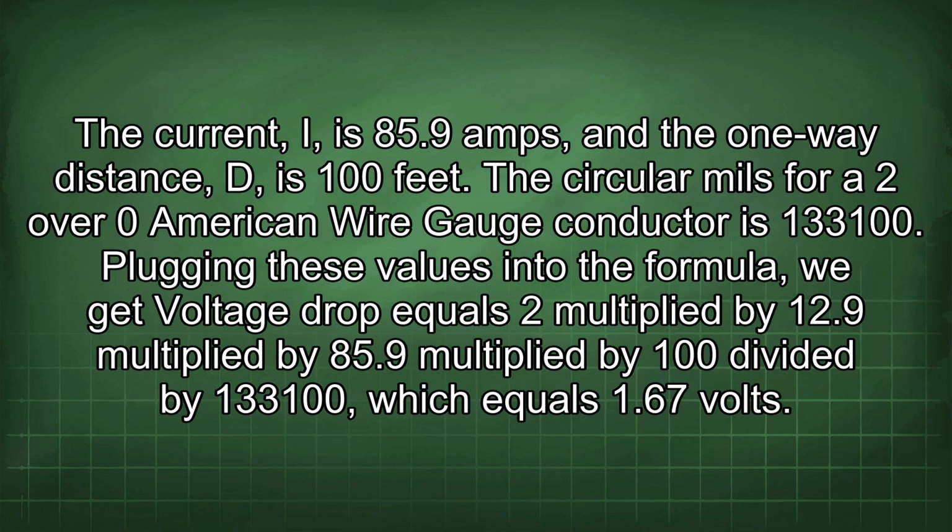The circular mils for a 2/0 American wire gauge conductor is 133,100. Plugging these values into the formula, we get voltage drop equals 2 multiplied by 12.9 multiplied by 85.9 multiplied by 100 divided by 133,100, which equals 1.67 volts.